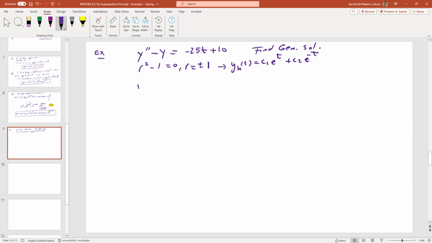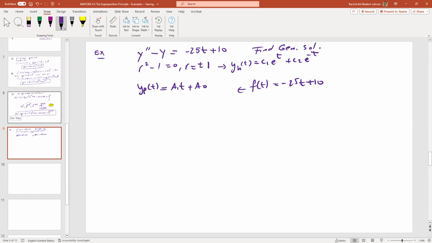All right, so what is yp? It's not given. So based on f of t, which is the right-hand side, I can say that this must be some linear function, at plus b, or a sub 1 t plus a naught.